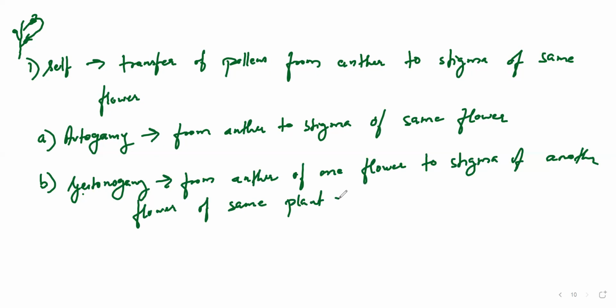Okay, so usually you will find them in unisexual flowers, male. Okay, so in that one will be having the male part and the other will be having the female part. Correct. So in unisexual or monoecious conditions only you will find this geitonogamy. Okay, so actually when there is self-pollination, there are certain merits as well as demerits. So what are the merits and demerits of the same?